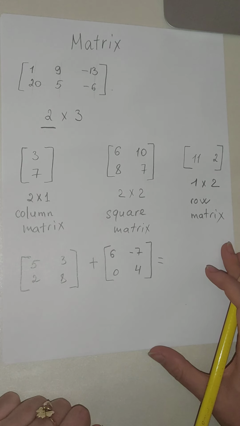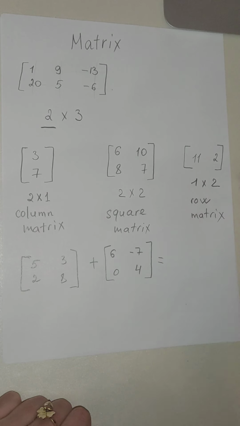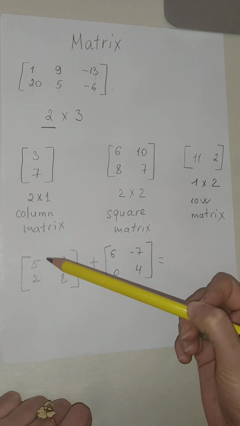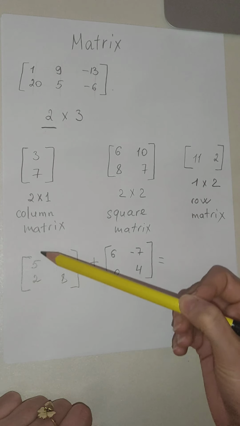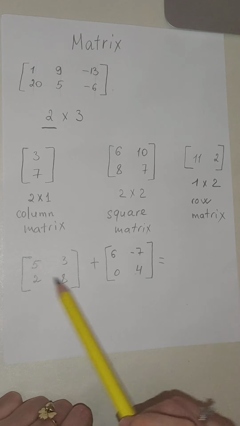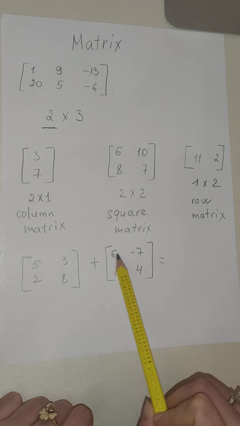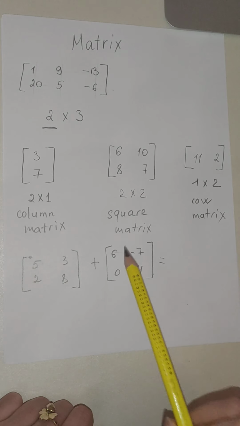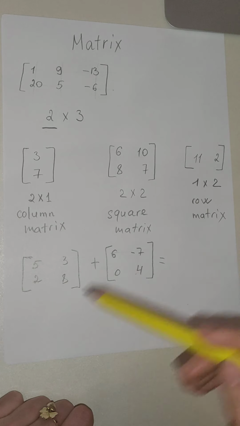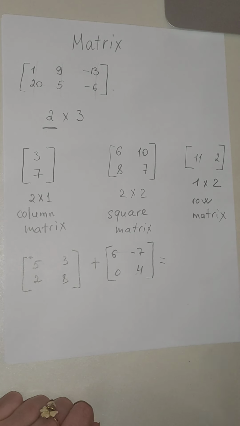Provided that 2 matrices have the same size, for example, each matrix has 2 columns and the same number of rows, 2 rows here and 2 rows here, we can add or subtract the elements one by one.